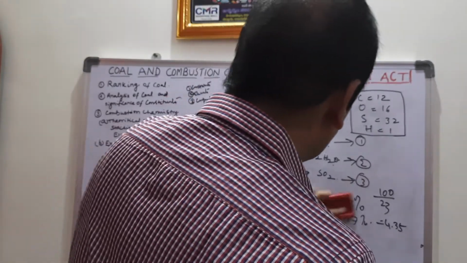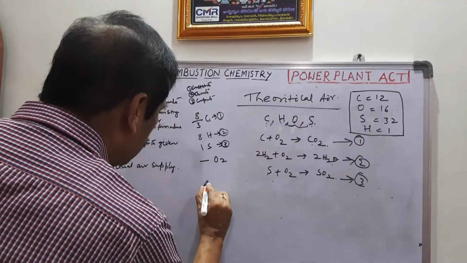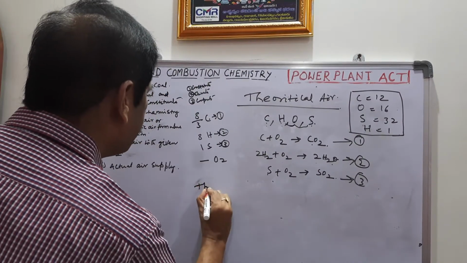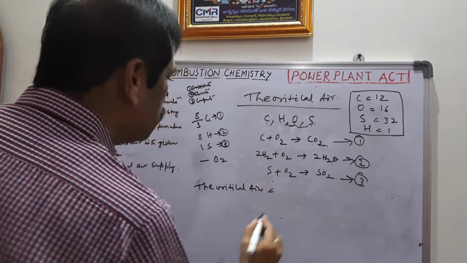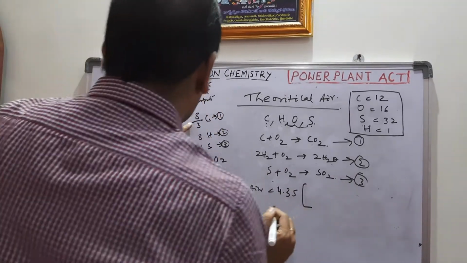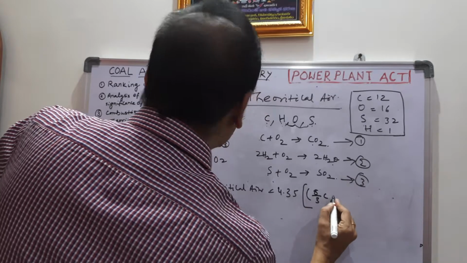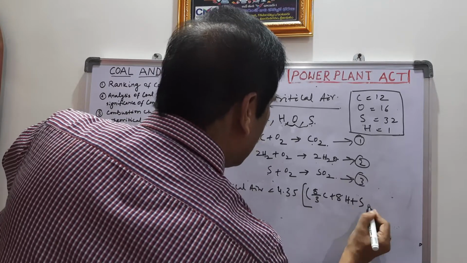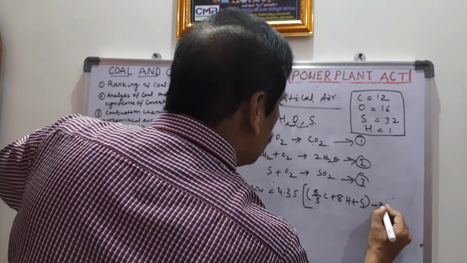So the total theoretical air is equal to 4.35 into (8/3 carbon plus 8 hydrogen plus sulfur), just close this bracket, minus O2.